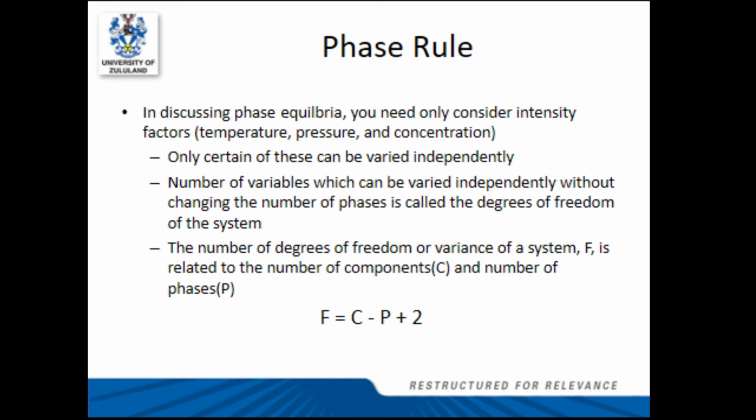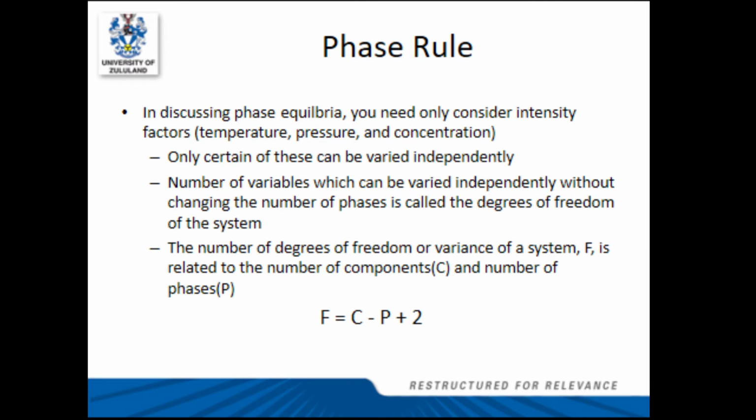So when we talk about the phase rule, we are basically talking about the relationship between the number of components and the number of phases in the system. This relationship is given by what we call the degree of freedom of the system, or the variance of the system.